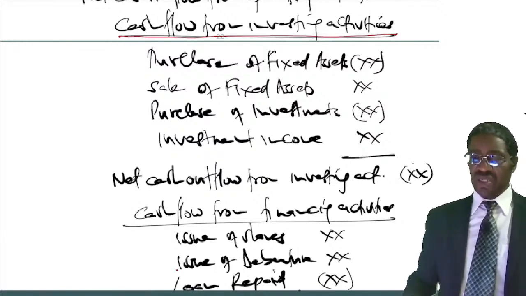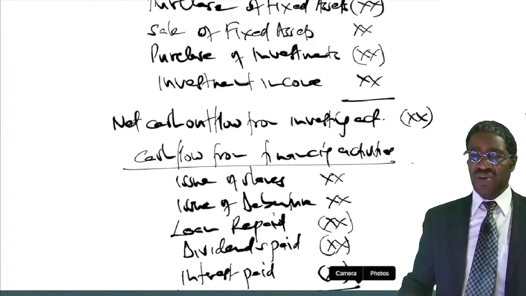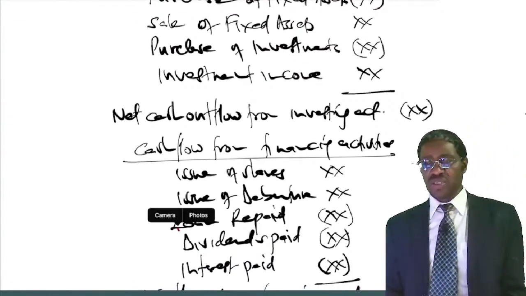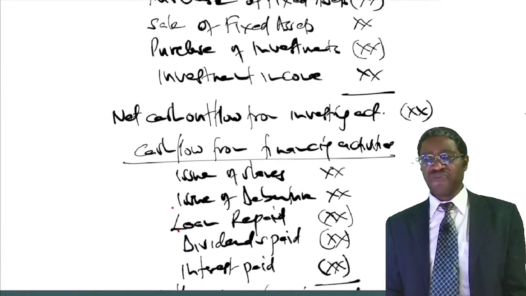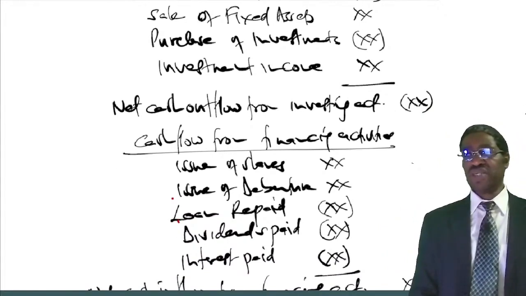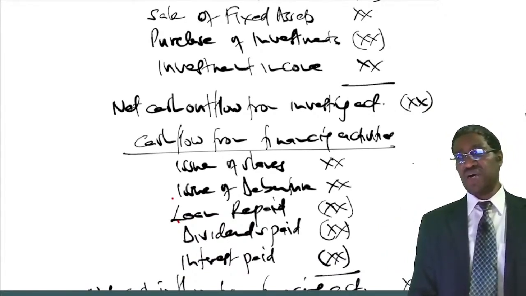Then from there, we have to go to the last category now. Let me push it. And that is the category we are calling cash flow from financing activities.